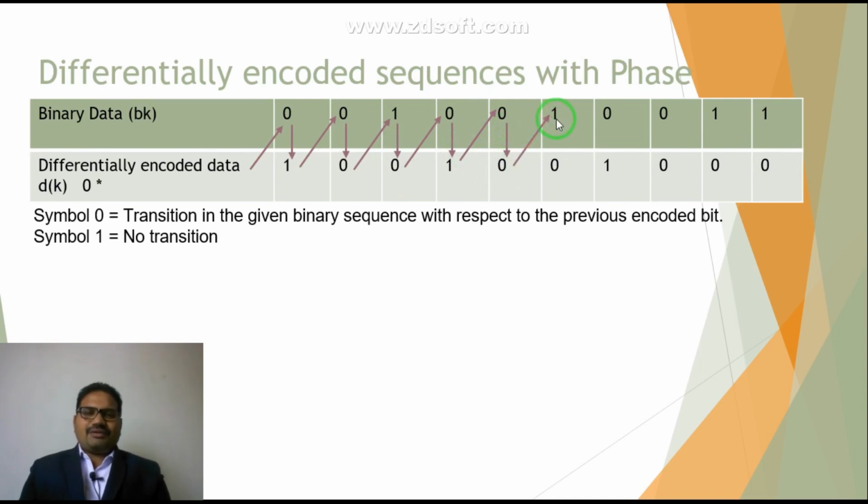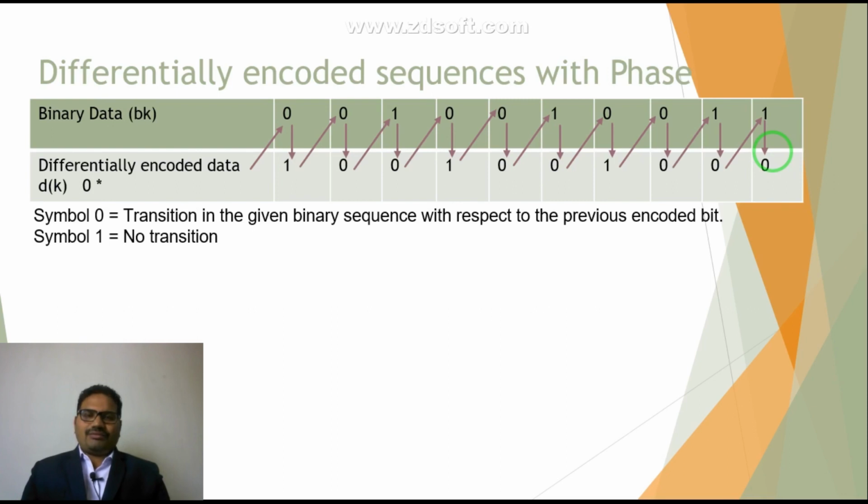There is a transition, so symbol 0. No transition, symbol 1. Similarly, there is a transition, so symbol 0. Again a transition, symbol 0. Last, there is a transition, so it is represented by symbol 0. Hope you understood this.